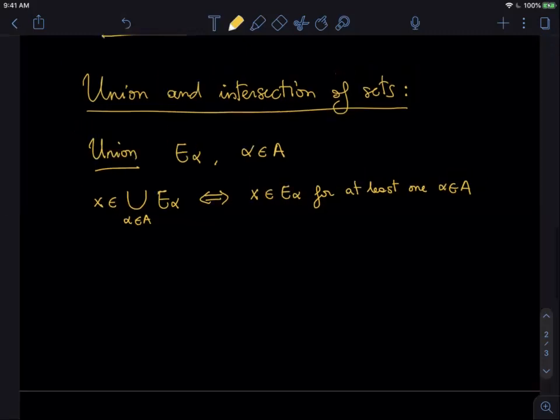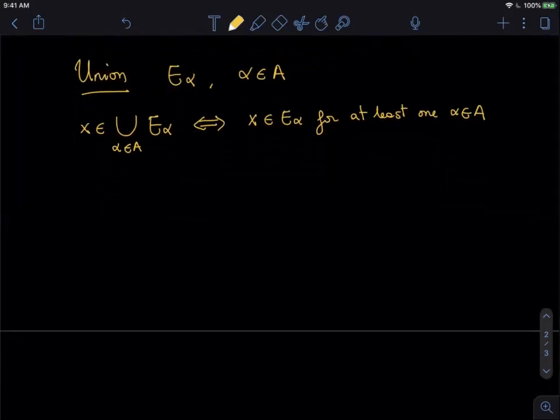Usually, we may have seen this already. If we take the set A that is the set of natural numbers, so if it's a countable set, well, actually a finite set, then we will write the union from alpha equal 1 all the way to n of the E alpha.